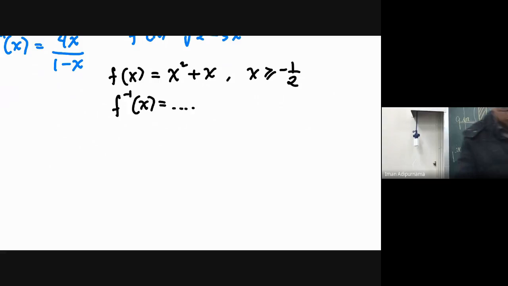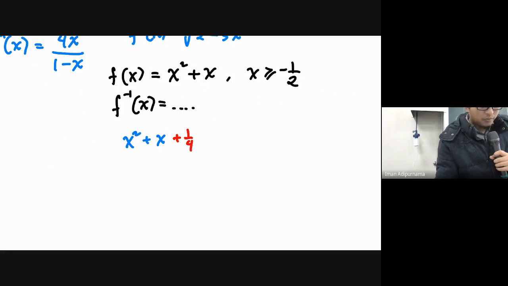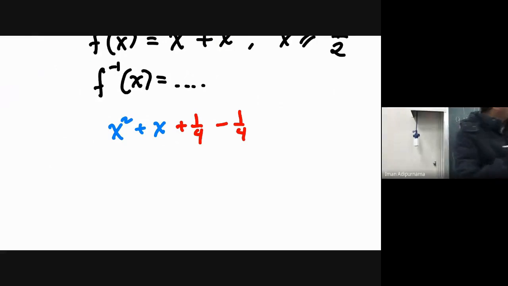So what I'm going to do is write this x squared plus x, and add 1 over 4 and then minus 1 over 4 to make it similar to our original function. This whole thing, we can complete the square, right?